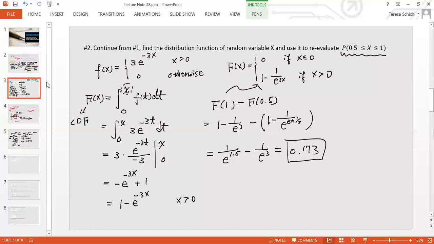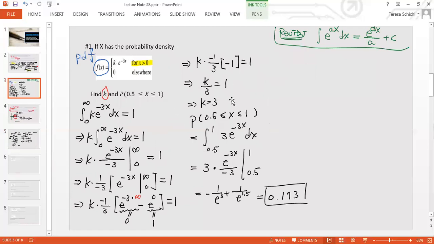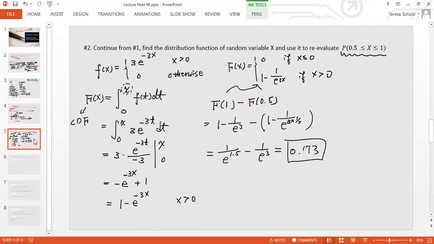Previously, for these problems, I just used the integration of the PDF. So you can get the probability either by using the CDF or by using the PDF. Okay, clear?